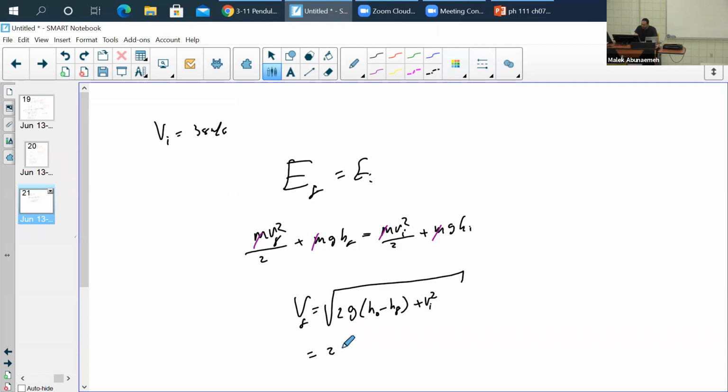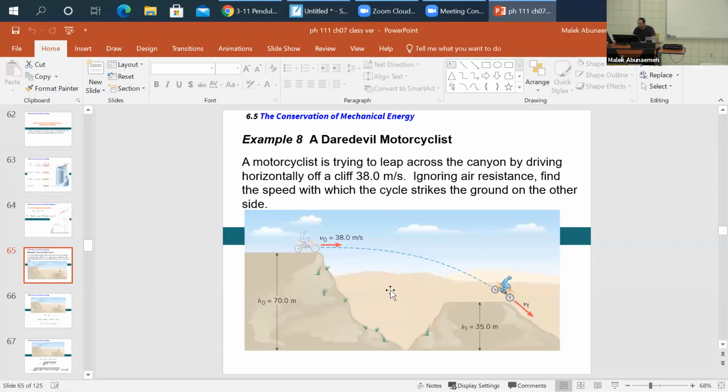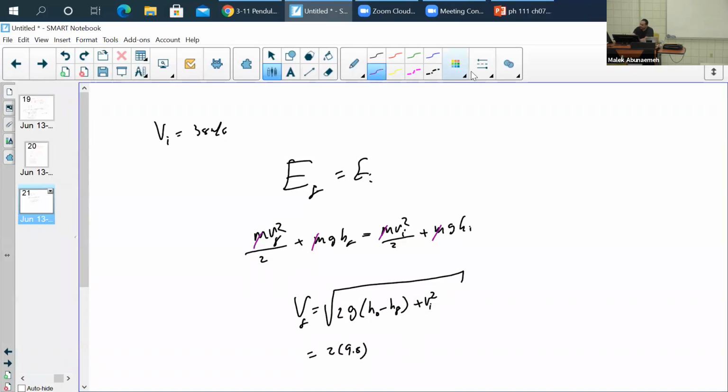So this is going to equal 2 times 9.8. Now, the height difference is given right over here. H initial is 70. H final is 35. So your displacement is going to be 70 minus 35, which is 35 meters.